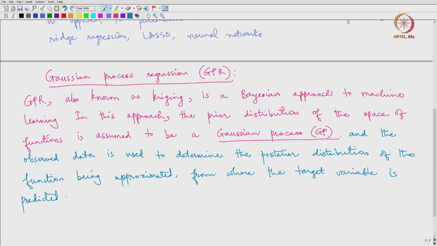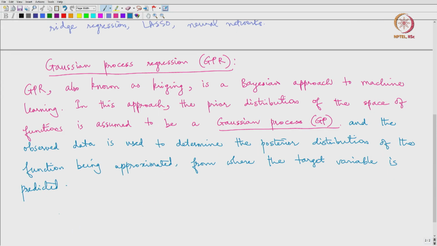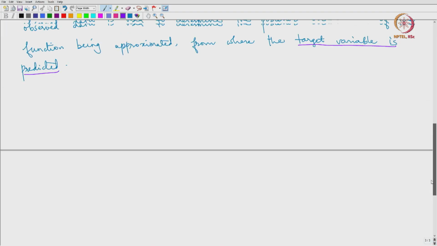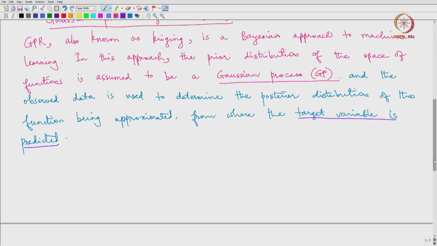Okay, so you have a prior distribution which is a Gaussian process, and then you use the training data, the observed data, to determine the posterior distribution of the function that you are trying to approximate, and once you know the distribution of the function that is being approximated, you can extract the value of the target variable and you can make predictions.